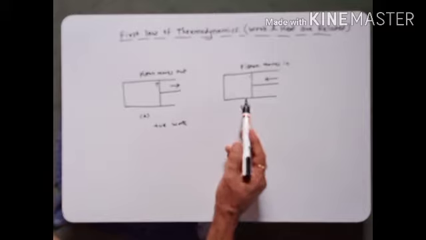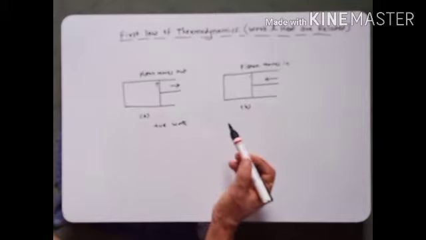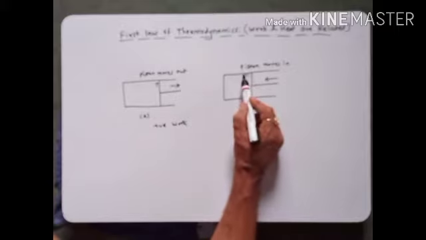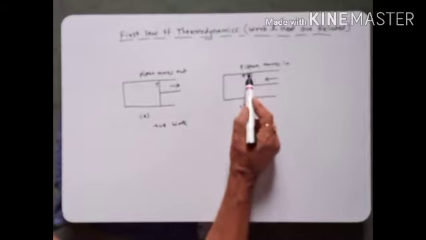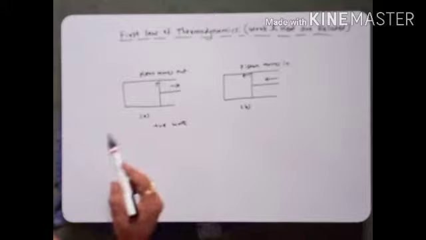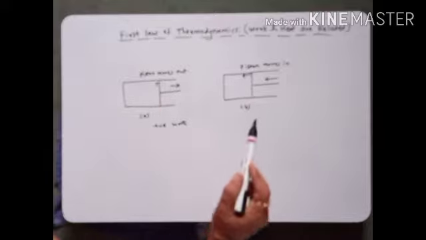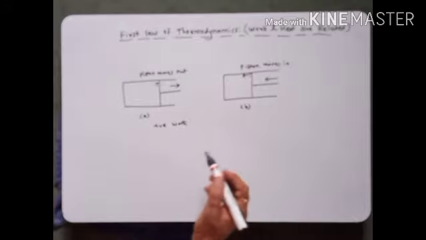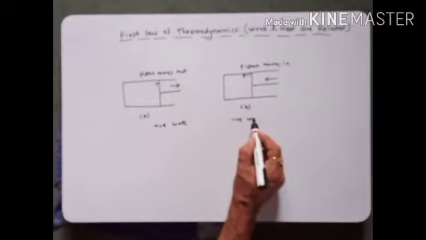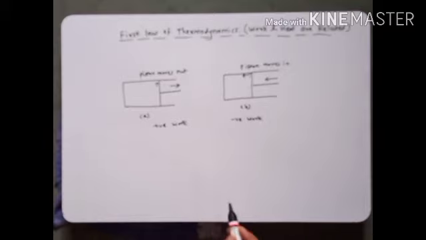Now here in case B, during compression, the gas molecule striking the piston gains momentum. Here the molecule loses momentum, and here the molecule gains momentum, and gas does negative work on the piston.